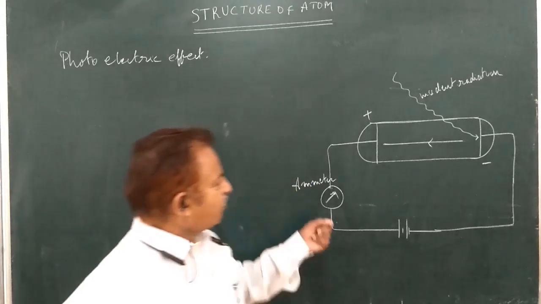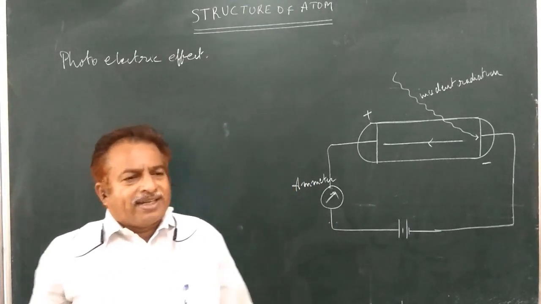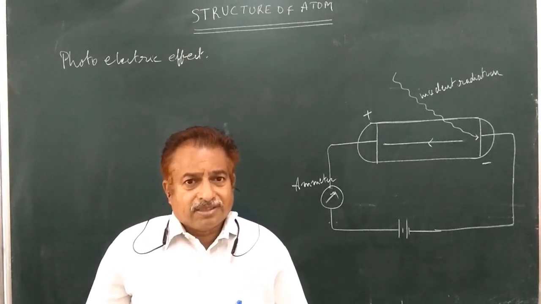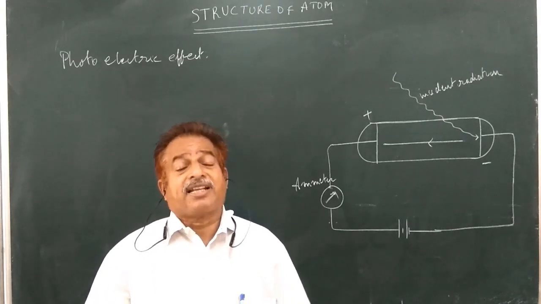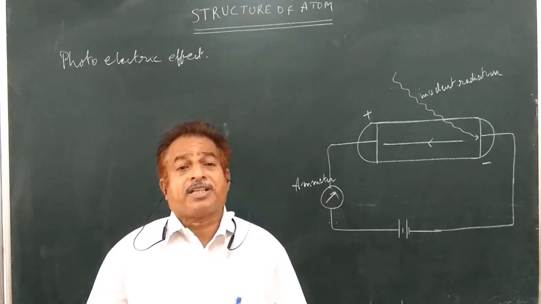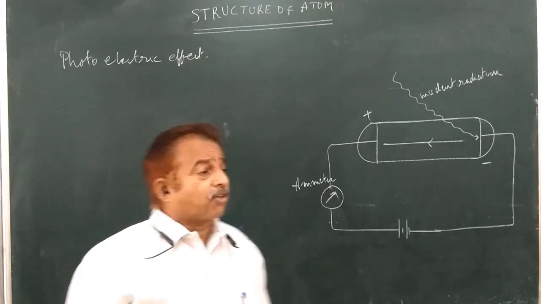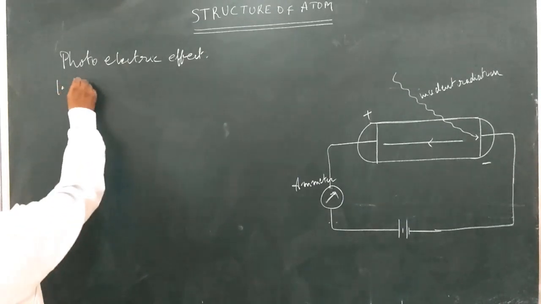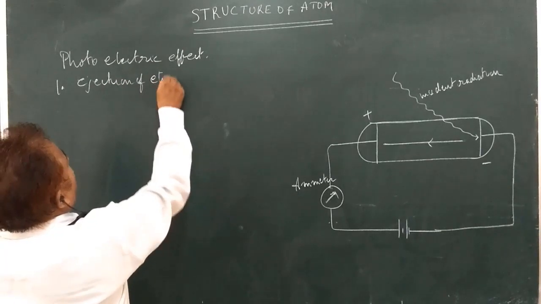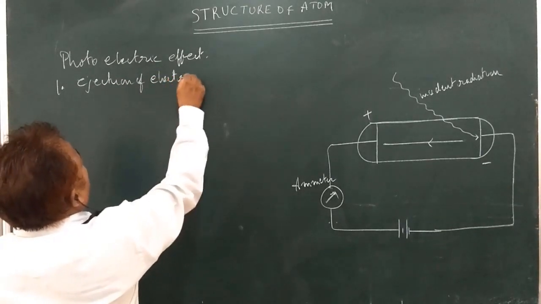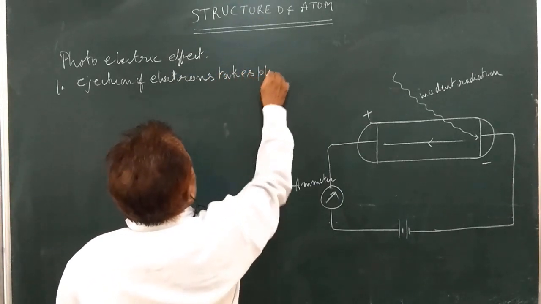Now let us see certain points in this photoelectric effect. The first one is, whenever the radiation falls on the metal surface, electrons are ejected immediately. That means there is no time gap between the incidence of the radiation and the ejection of the electrons. Ejection of electrons takes place immediately.